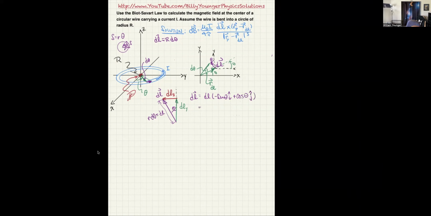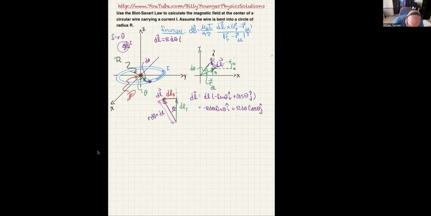Now we can make the substitution that dl is equal to r d theta, which technically has to be big R d theta, even though I wrote little r over here. So that's going to be negative R d theta sine theta I hat plus R d theta cosine theta j hat, and now I can fill in the rest of what the dl vector was above.